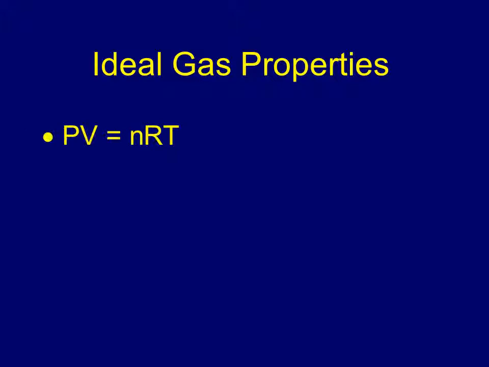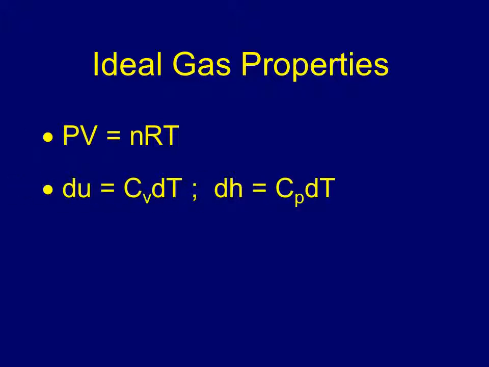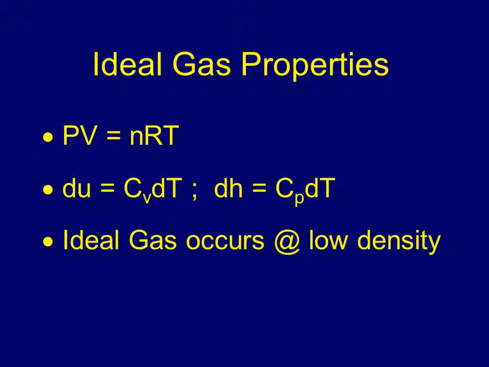We looked at ideal gas properties, PV equals nRT, and the idea that dU and dH were Cv dT and Cp dT respectively. We said that ideal gas occurs at large volumes, which, remember, specific volume is 1 over density, so either large volumes or low densities.